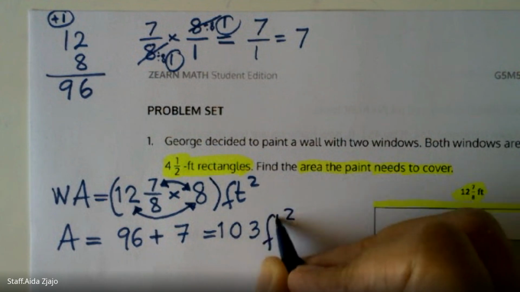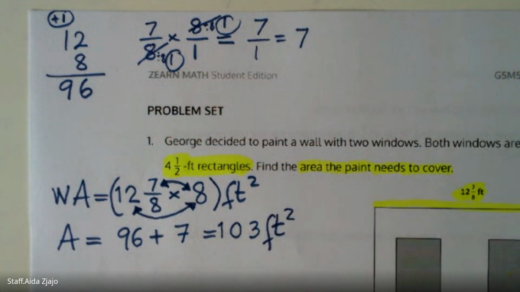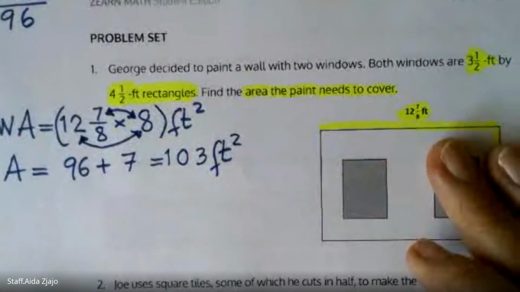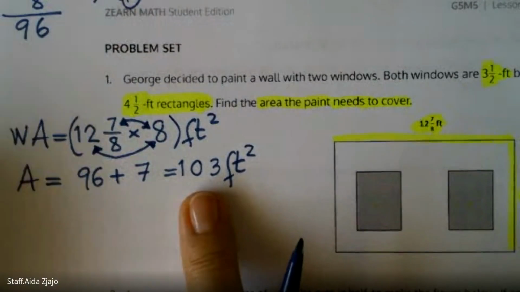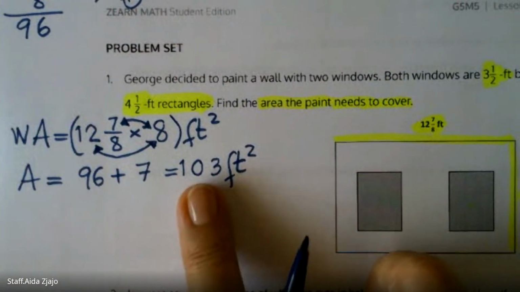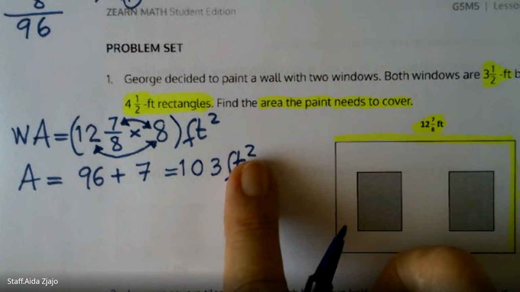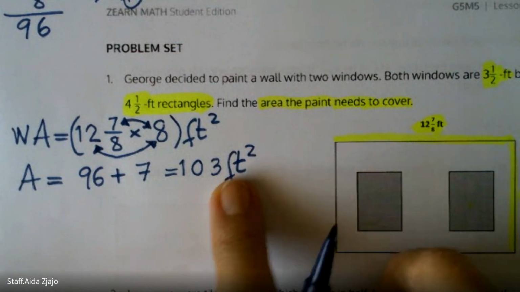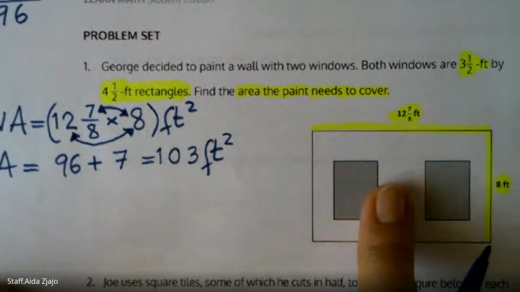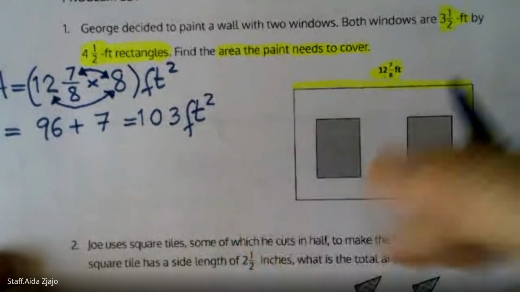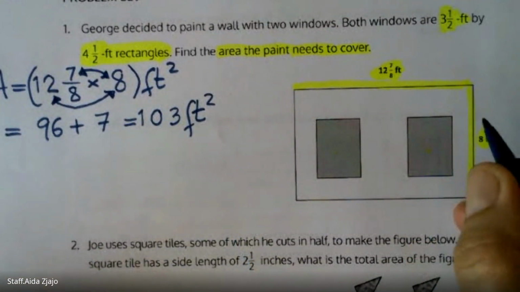Square feet. So now we know if there were no windows, the whole rectangle would be 103 square feet. Now let's calculate the windows' area.